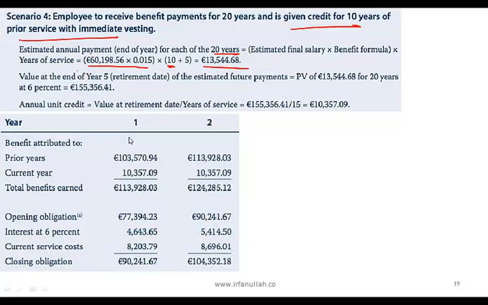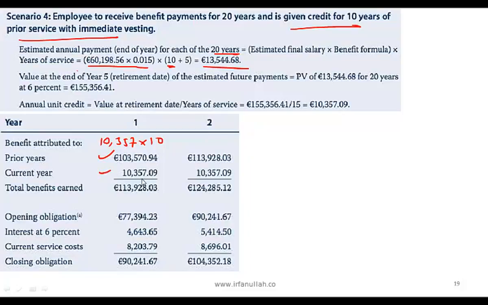So now we have a larger amount. So if you look at these numbers, this is coming for prior years. Where did this number come from? This is the 10,357 that we calculated earlier as the each year component multiplied by 10. So that's the initial amount.